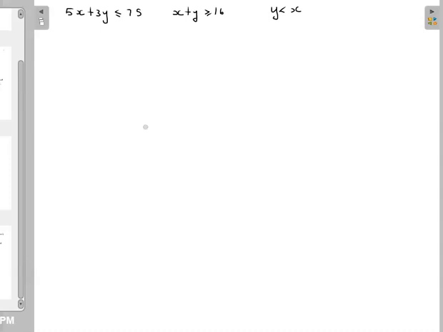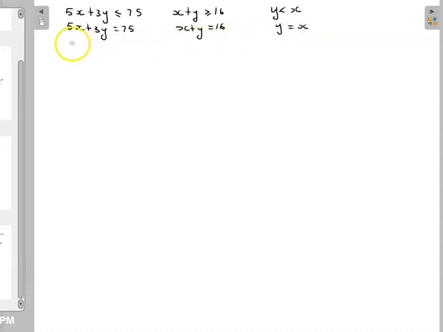So in the graph we will first draw the straight lines. Straight lines are represented by equations. So temporarily our inequalities will turn into equations. So we will draw the line 5x plus 3y equals 75, and then the line x plus y equals 16, and then the line y equals x.